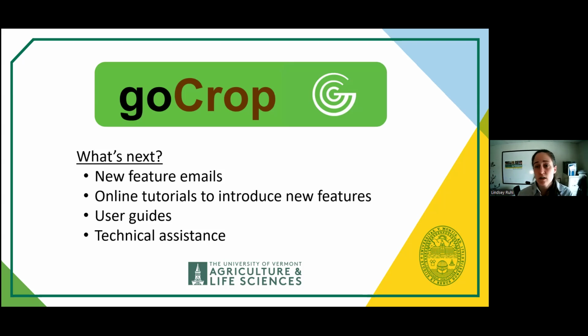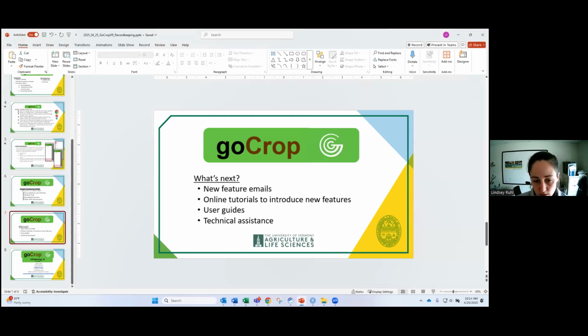And as those new features come online, we'll have some tutorials, we'll create user guides, and of course, we're around for technical assistance when you need it, or hopefully we're available when you need it. If we're not, we'll make the time to make sure that we are able to help you nutrient management plan and use goCrop. So I'm going to move on to the tutorial.